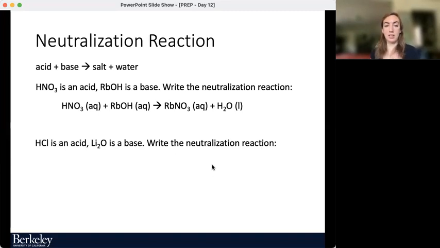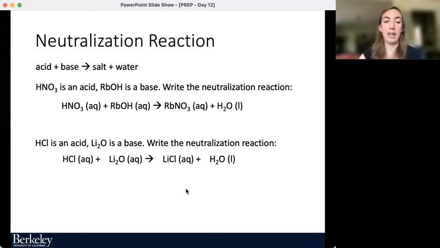So as another example, HCl is an acid and Li2O is a base. So we're going to write the neutralization reaction. So I'm going to have HCl and Li2O. My Li and my Cl are going to end up together. And I know I want H2O, but I only have one hydrogen here.